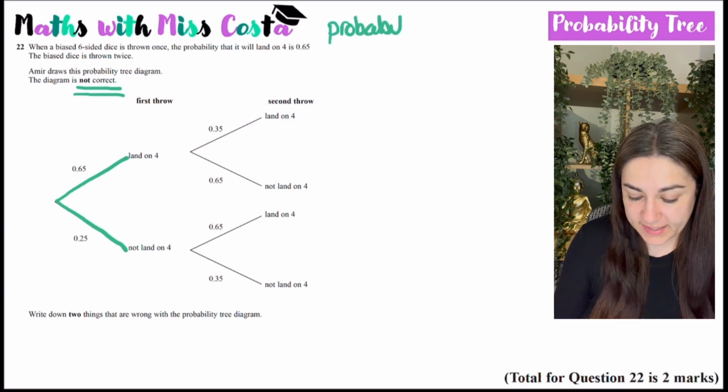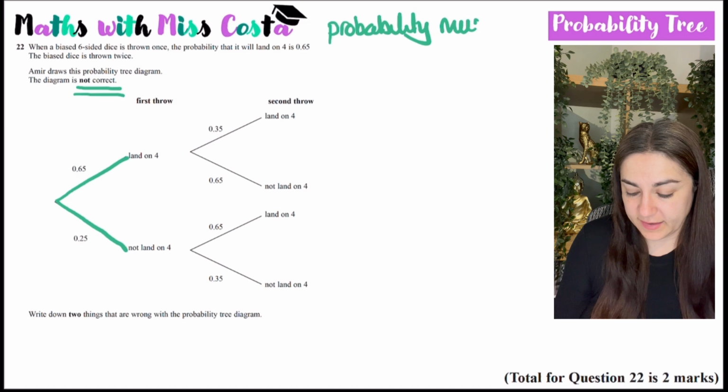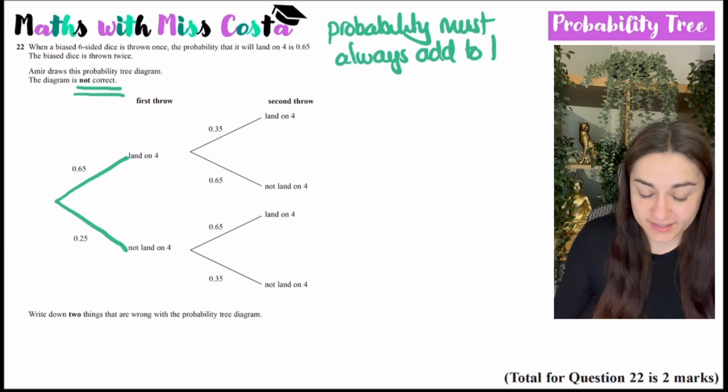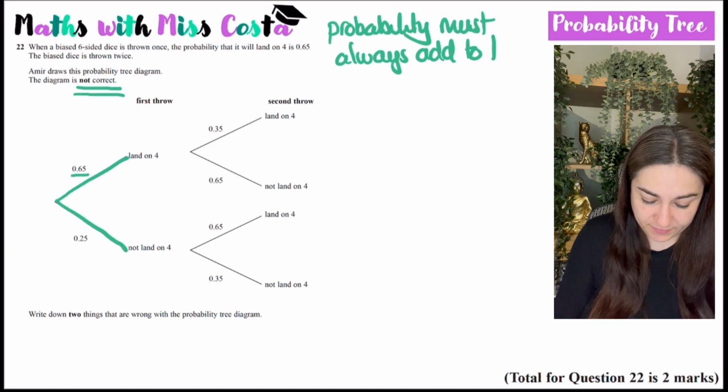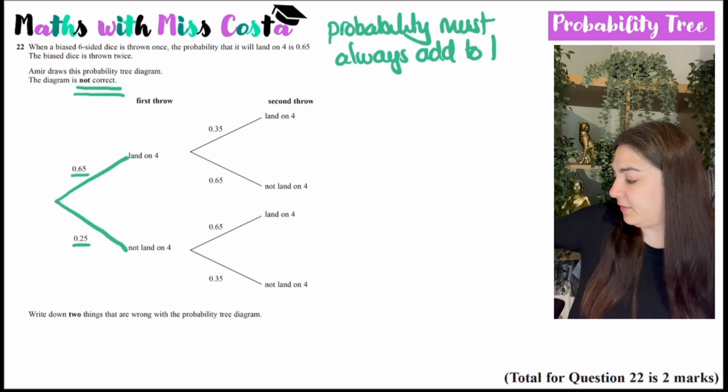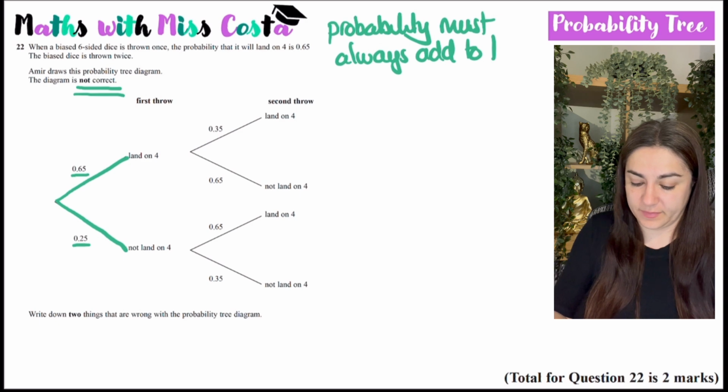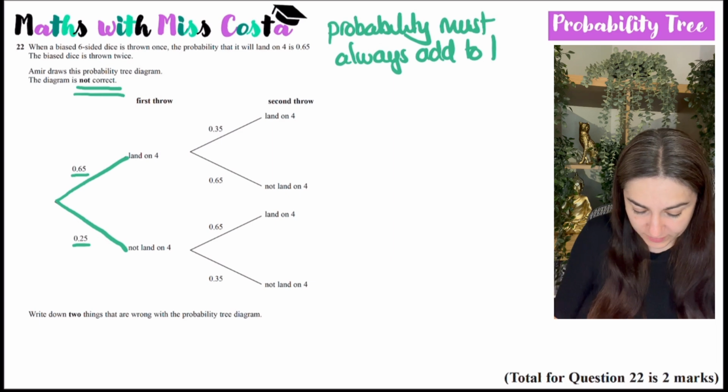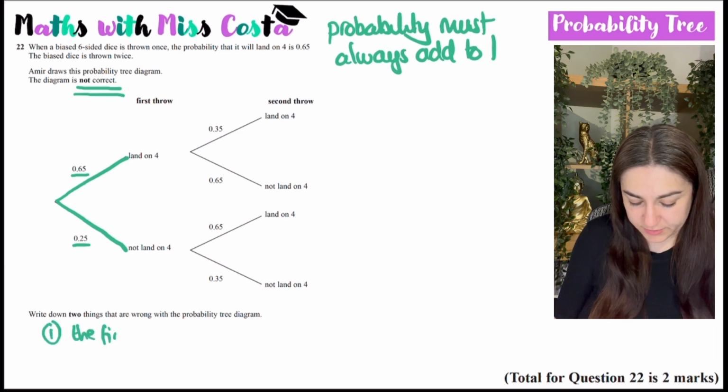So probability must always add to 1 when we're dealing with mutually exclusive events. And 0.65 plus 0.25, if I add that, does that add to 1? So 0.65 plus 0.25 gives me 0.9. So the first branch is incorrect.